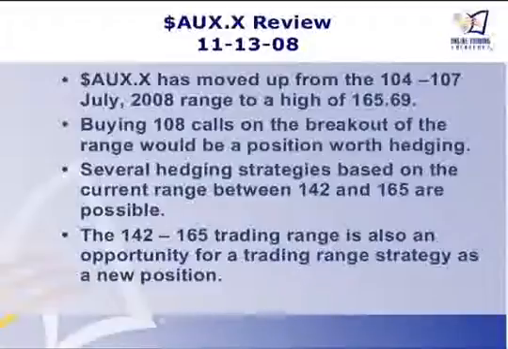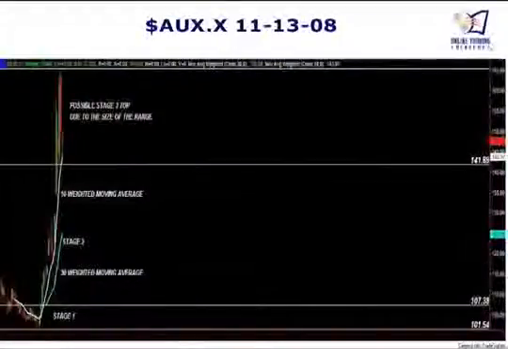The other thing is, due to the size of that tremendous trading range, as big as it was, between 142 and about 165, there was a chance that we could actually play that trading range while it stayed inside that range.